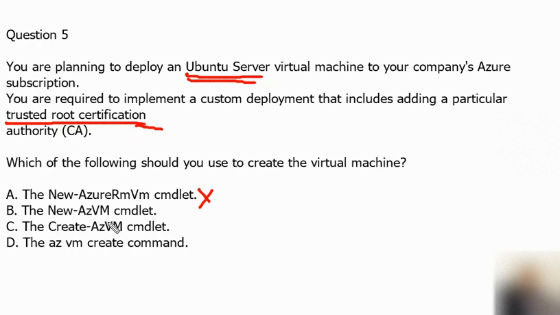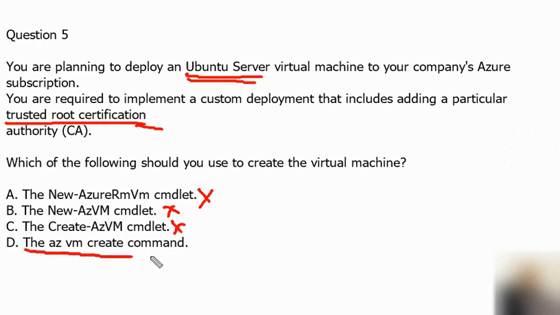Option B, a New-AzVM cmdlet, definitely will also not be able to create a virtual machine with a trusted root certificate, because it would need a second command to fire. And this third one is not actually a command, it is an incorrect command.